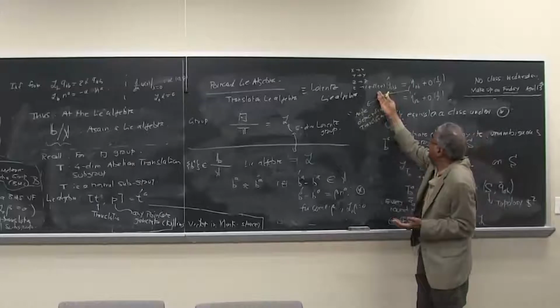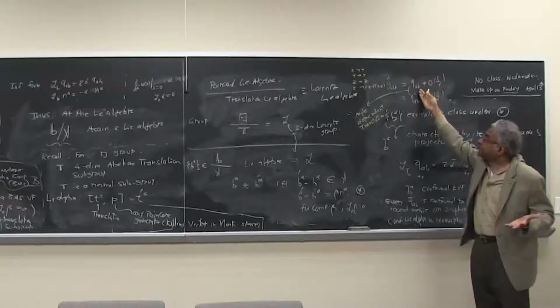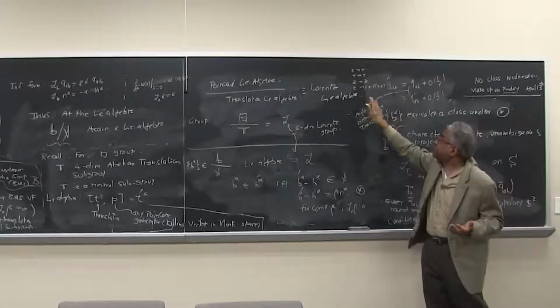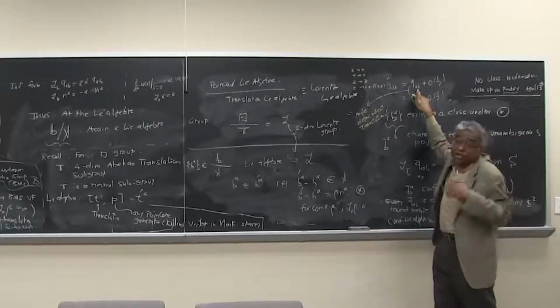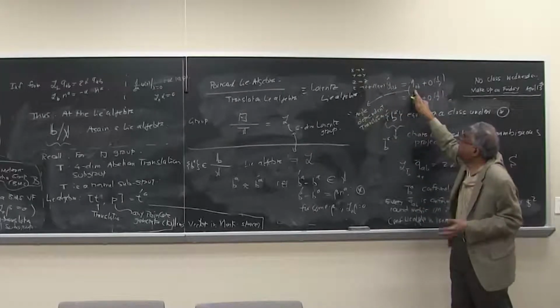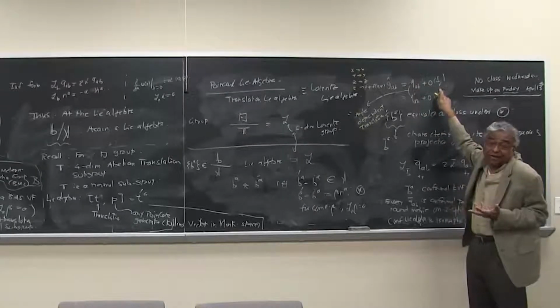If I do that, of course this eta is not going to be left invariant, because this is not an isometry. If this is a constant, then this eta will be left invariant. But you can check that if I do that, this eta AB just picks up a 1 upon R part.